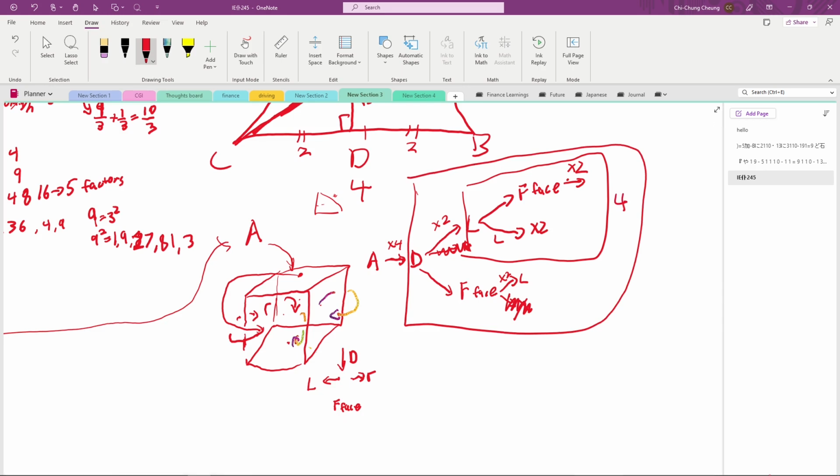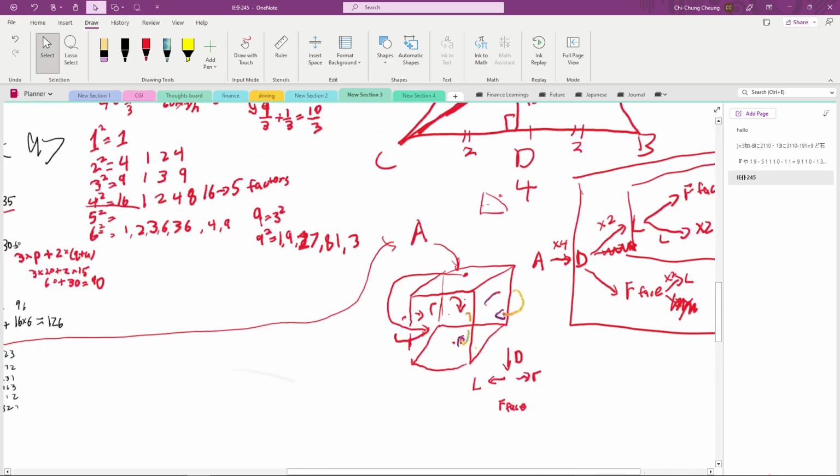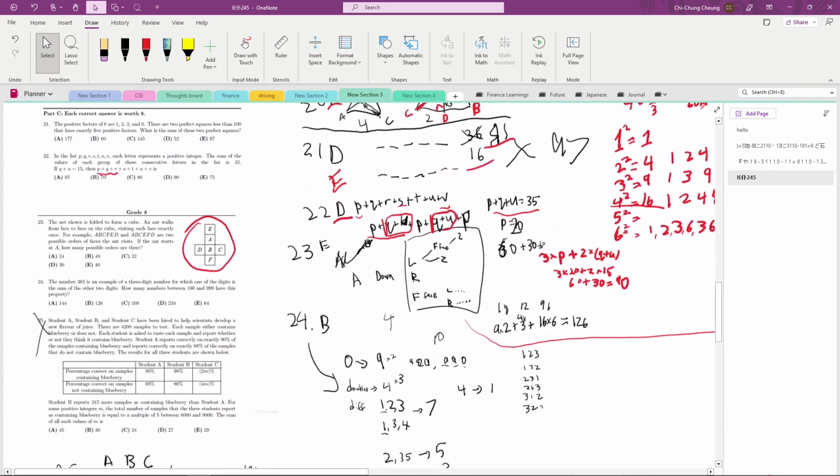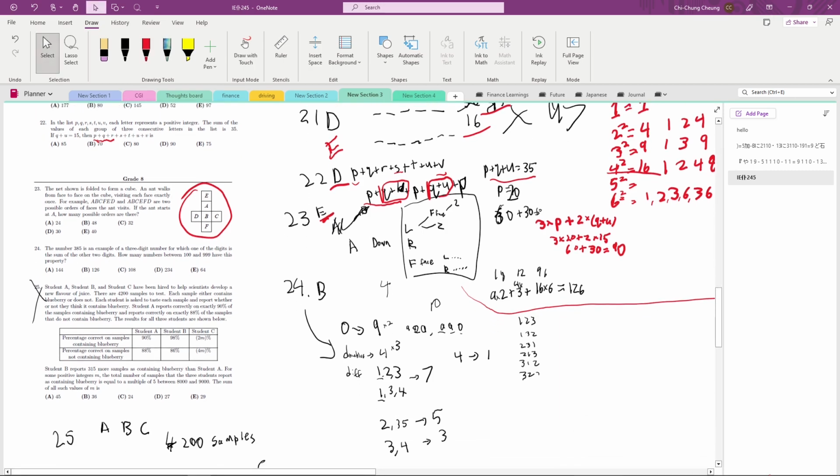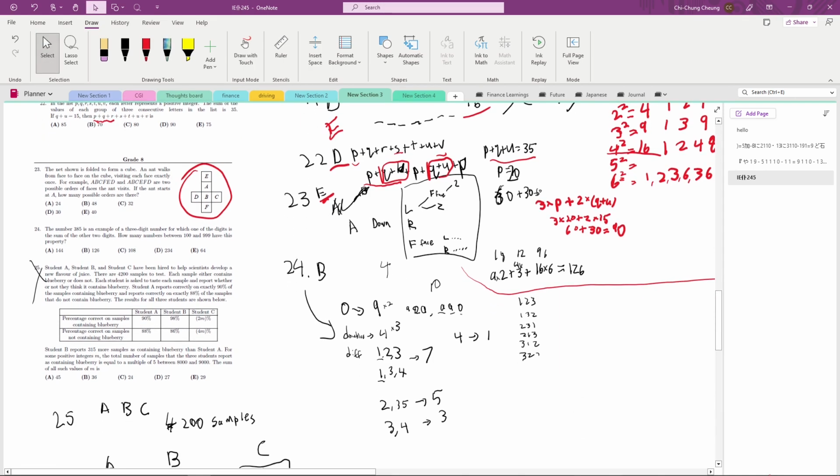So 4 times 2 is 8, 8 plus 2 is 10, so this is 10, and then 10 times 4 is 40, which is E, which I was correct. Okay, that took way too long. 24 is more mathy, so I think that this is actually quite clear.